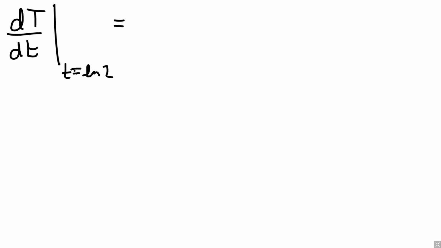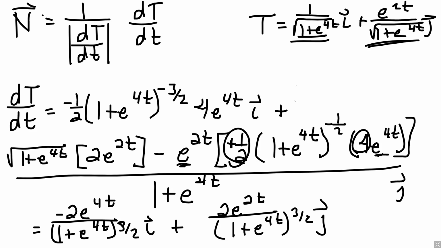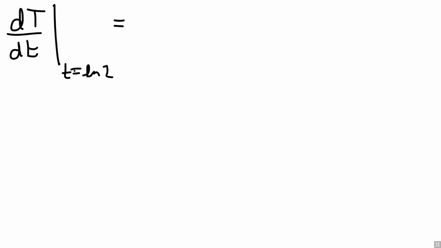So when I put the natural log of 2 into this first piece, I'm going to end up with -2 times 16, which is not -34.